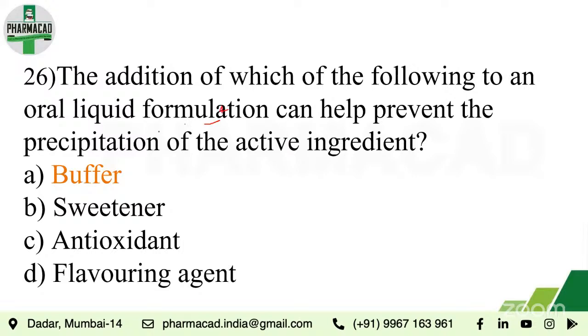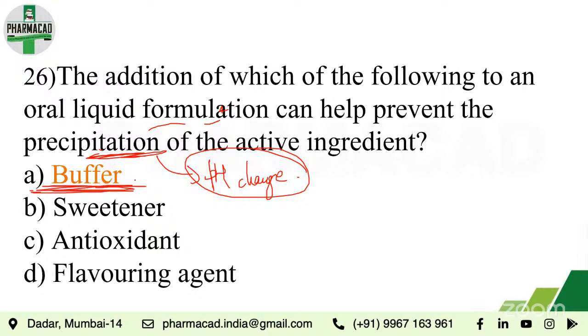So when does precipitation happen? Precipitation happens when there is some pH change. When the pH changes, there is some problem with the solvent. Mainly pH change causes precipitation, or crystallization starts because over time in stability the pH changes. So what does a buffer do? The job of a buffer is to maintain pH. So that is why it is going to prevent crystallization or precipitation.